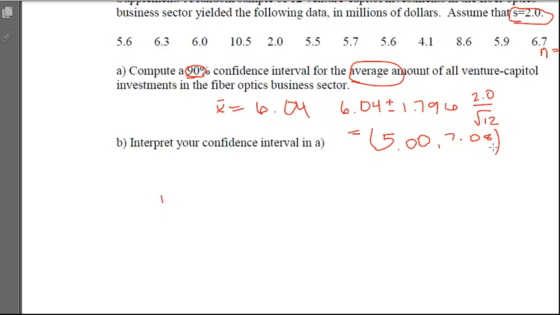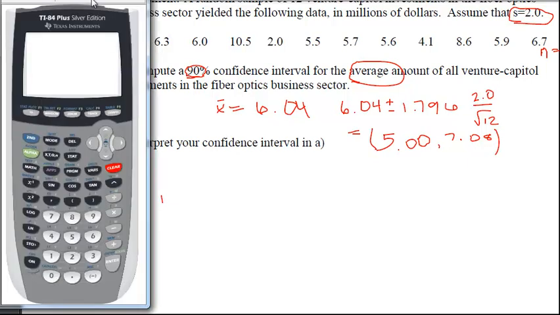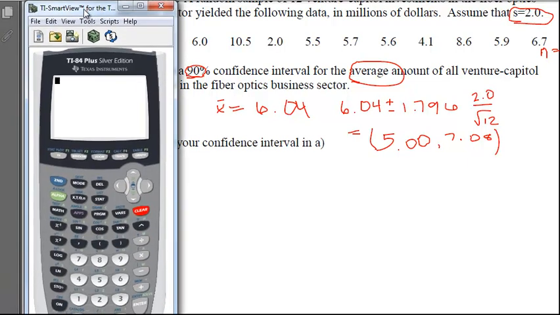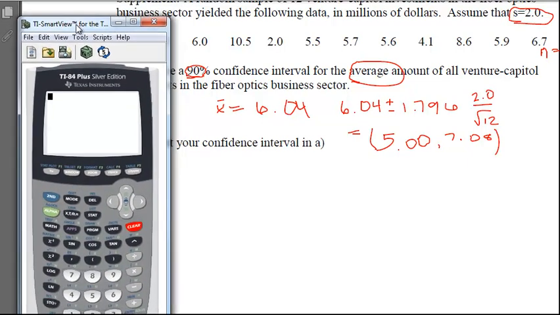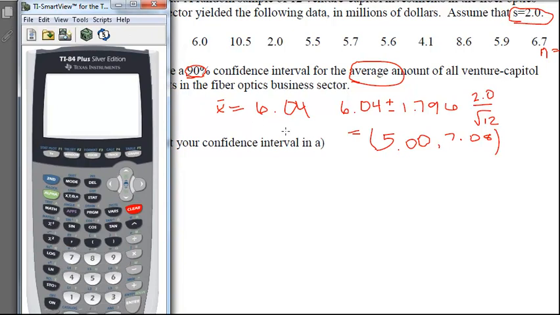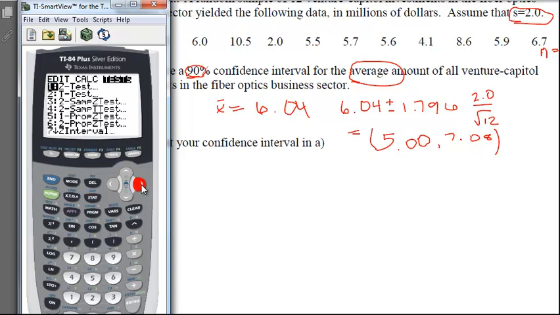All right, some of you don't like to use the tables, so you prefer the calculator function. So we can do that. Now I have two options. I've already calculated the sample mean, 6.04, so I'm just going to use that option. The other option is to enter your data. But let's go to stat and then test.